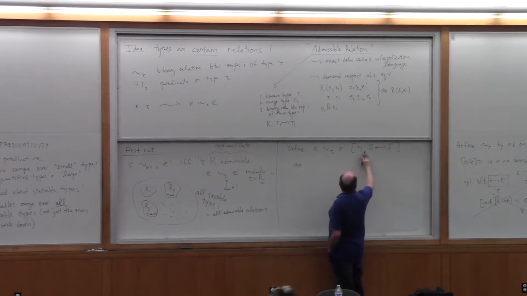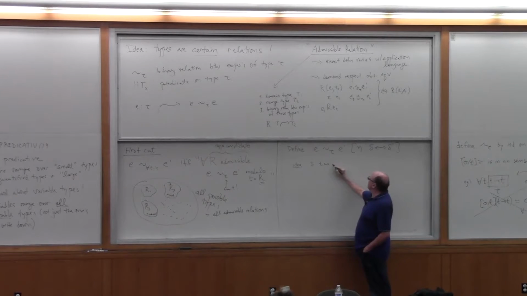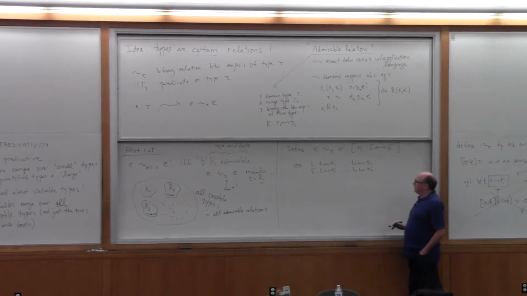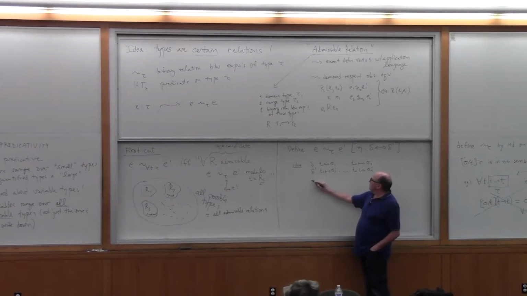First of all, let's get this out of the way. Delta takes type variables and gives them meaning. So it sends T1 to, let's call it sigma 1, up to Tn to sigma n. And delta prime is another environment that takes type variables to what they're going to range over. And what does eta do?